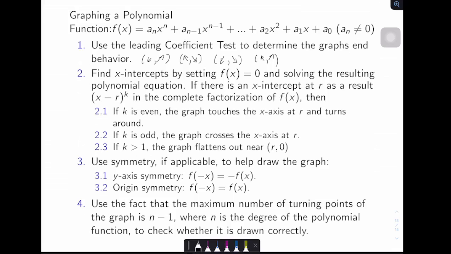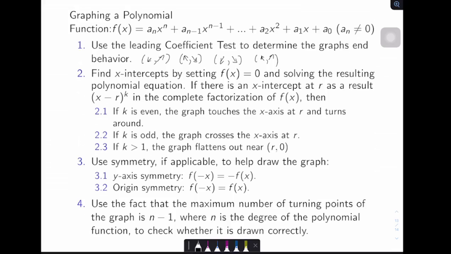Use symmetry. So we'd gone over symmetry before. That was back in chapter 1, where we replace all of our x's with negative x. If we get the same function, or if we just see that all of our powers are even, then we have y-axis symmetry.